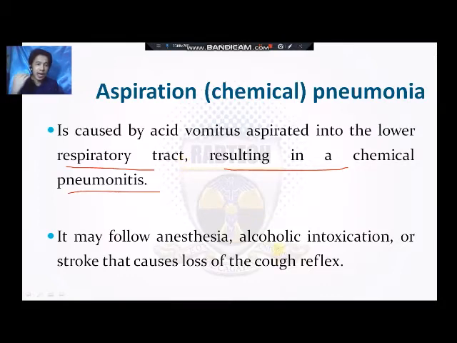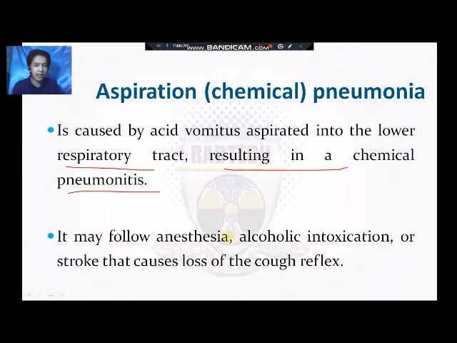Okay, it entered the larynx towards the trachea, and then maybe it caused some irritation in the bronchial system of the patient. So it will cause pneumonitis, no, inflammation of the lung tissues because of the vomitus, especially from the stomach, and from the stomach, di ba, there is hydrochloric acid, no, the acid will travel towards the respiratory tract.